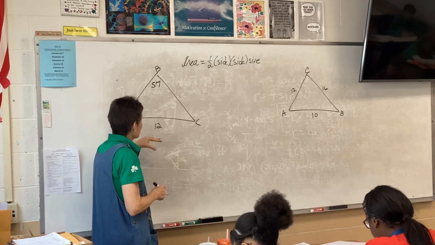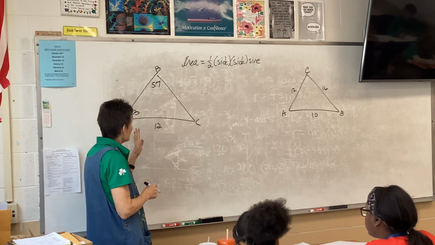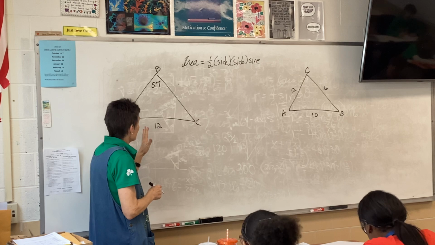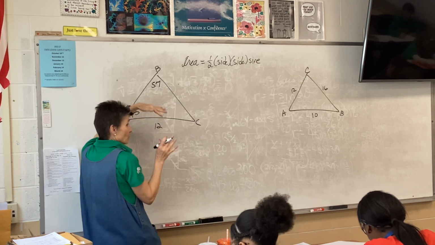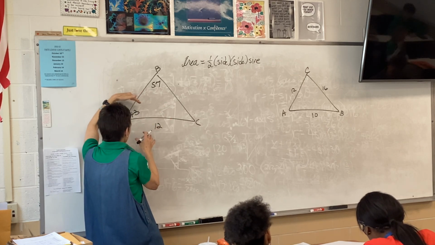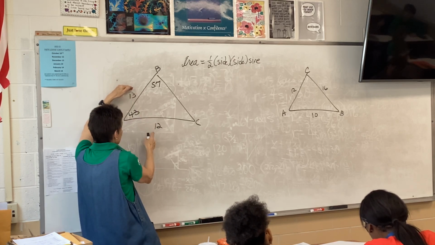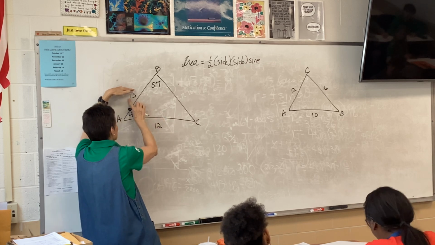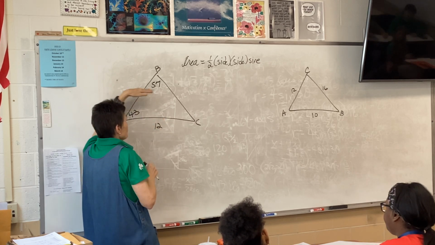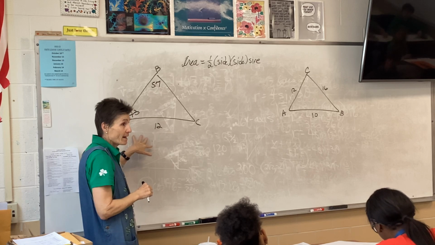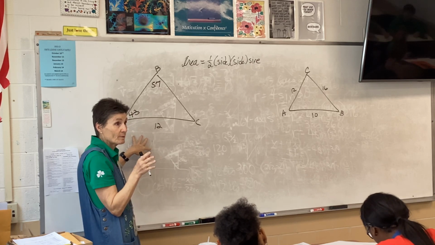So let's take a look at this scenario. Last time we had a triangle where we knew this was like 13, and we just did 1/2 side, sine, and it was so simple. In order to do that, I need another side of this triangle. Would you all agree with that?